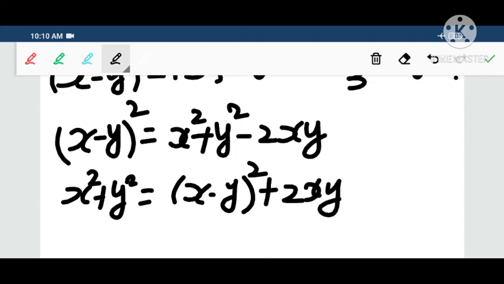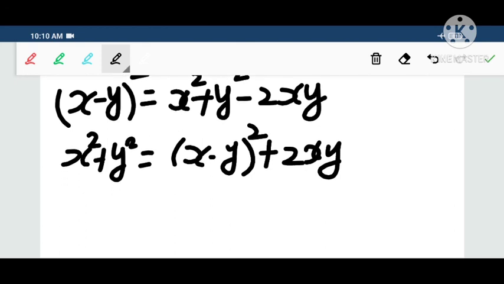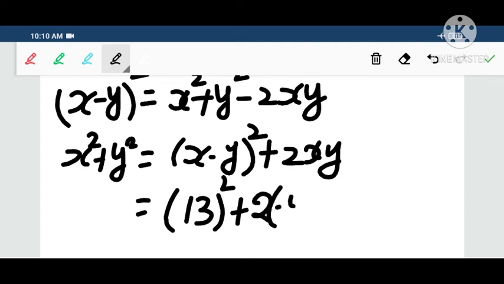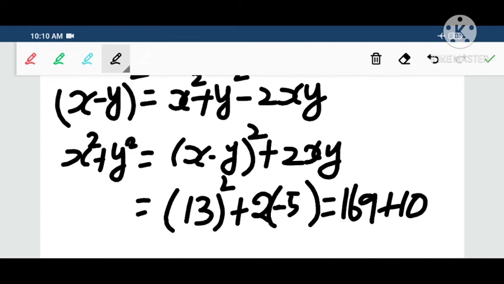Here we substitute the given values. x minus y is nothing but 13, so I take 13 square plus 2 into minus 5. 169 plus, is it right?